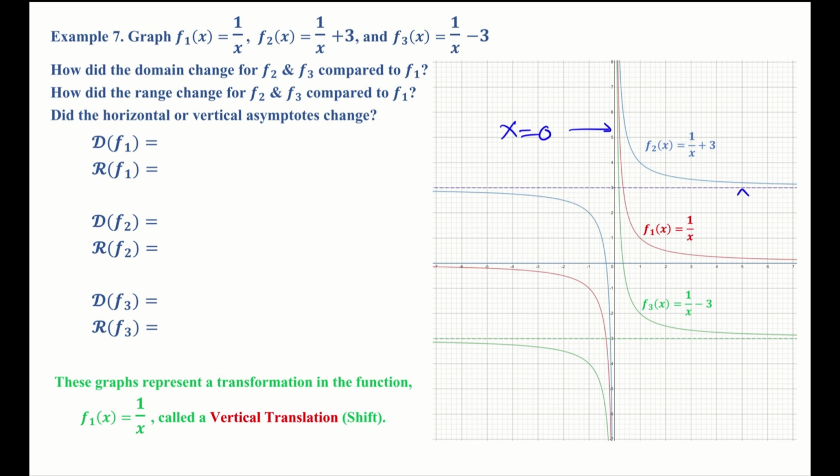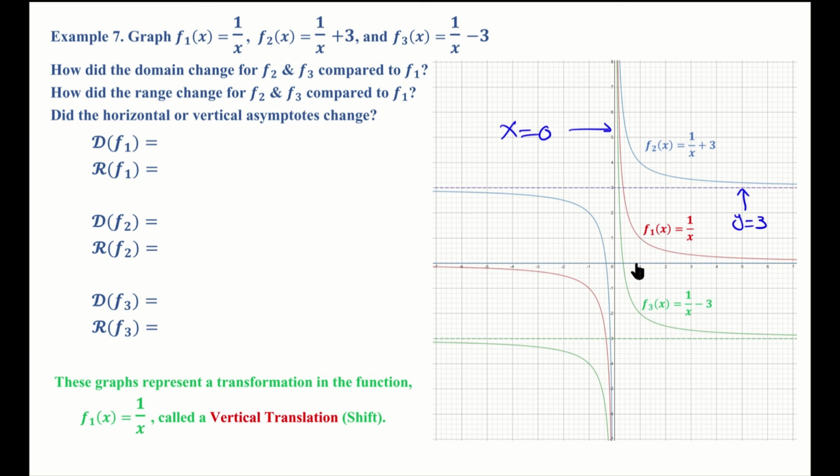So this is the horizontal asymptote for f2 of x, which is 1 over x plus 3, and the equation is y equals 3. Now, for the green graph, that's like taking the red graph and pulling it down 3 units.